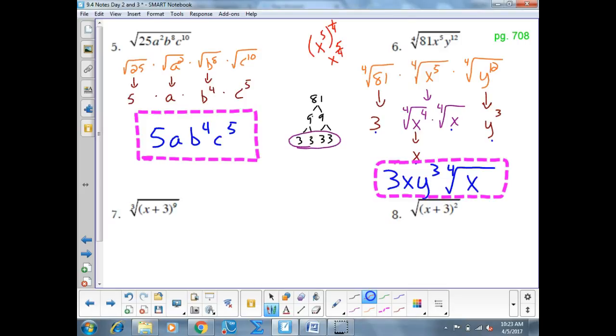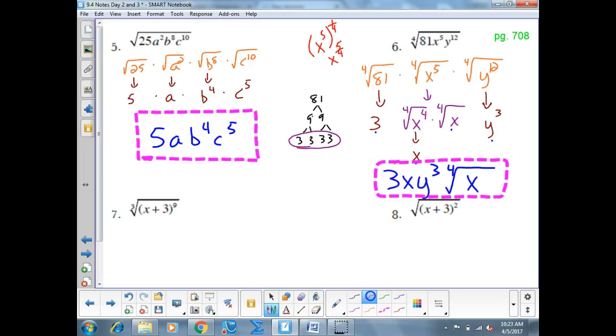Well, do that division. 5 divided by 4 is what? 1 with a remainder of 1. It's 1 and 1/4. So you've got 1 outside, because that's the whole number, and you've got 1 inside, that's the remainder.